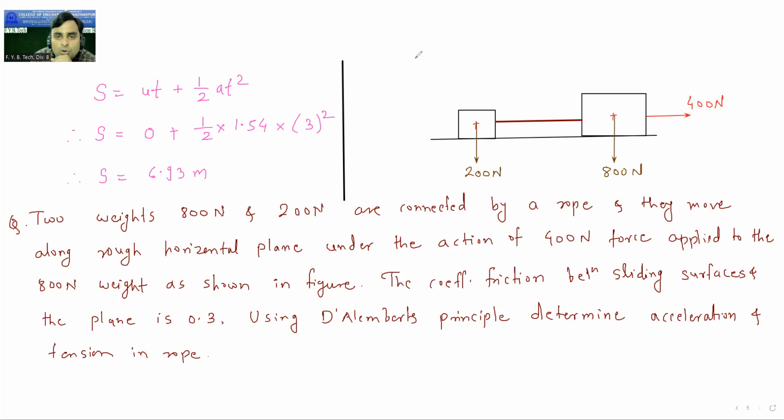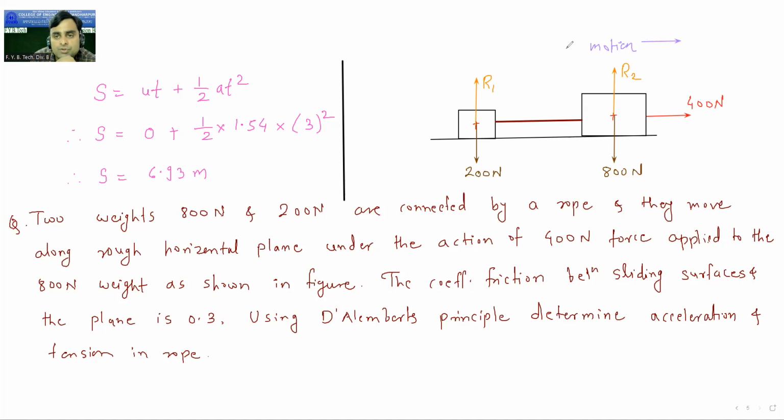Now we will get two normal reactions. Normal reaction here. Here also we will get the normal reaction. Let us say that this is R1, this is R2. So the direction of motion is in the direction of the applied force. So this is the direction of the motion.